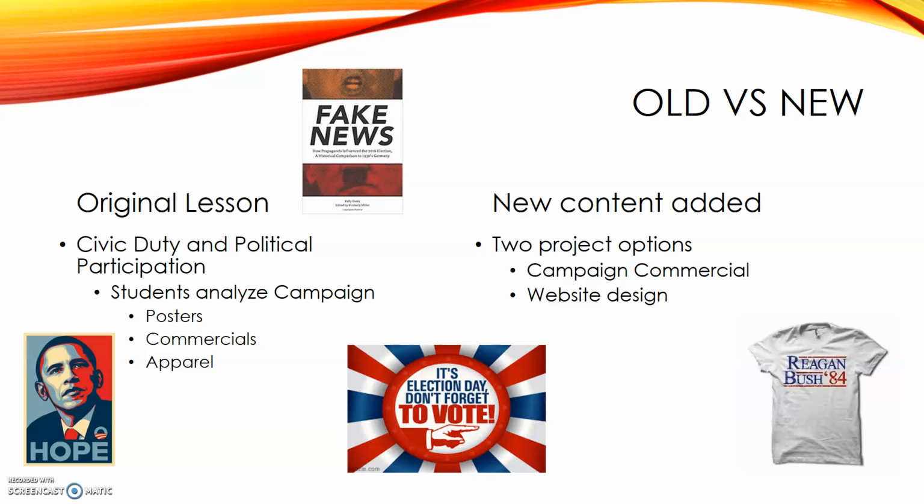So with the commercial, we're looking more at strategies that the campaign uses directly with the candidate or people that support the candidate. And then with the website, we're looking at more of, in general, a look at how things are designed for a candidate.